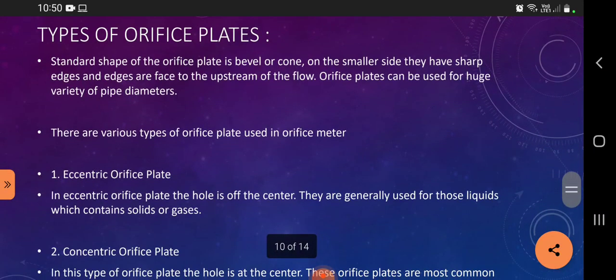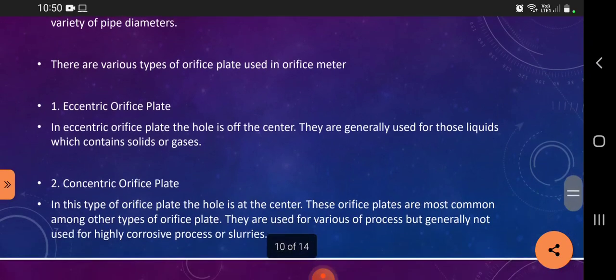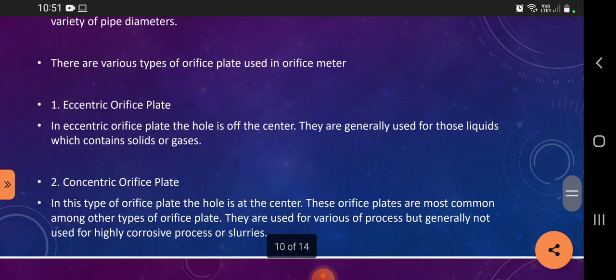Types of orifice plates: the standard shape of an orifice plate is a bevel or cone. On the smaller side, they have sharp edges, and the edges face upstream of the flow. Orifice plates can be used for a huge variety of pipe diameters. There are various types of orifice plate used in orifice meter. Eccentric orifice plate: it has the hole off the center.